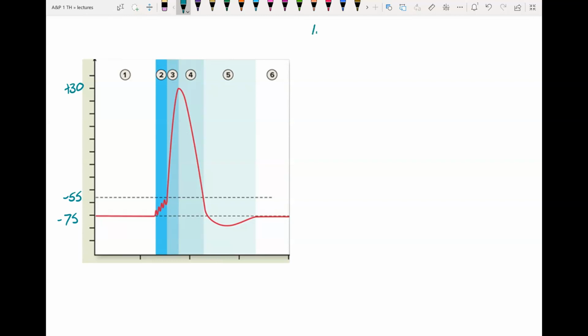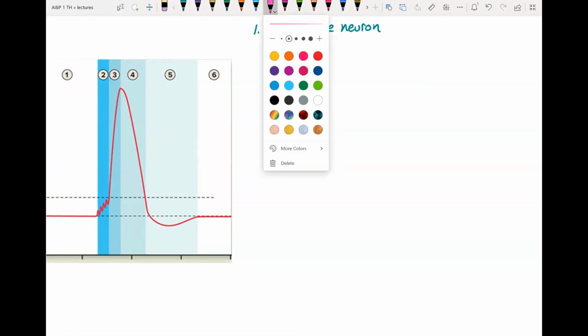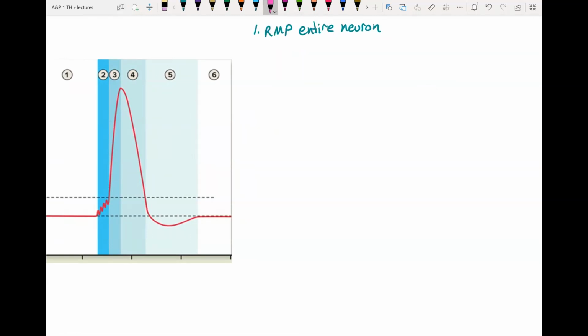You're at resting membrane potential. And at this time, we know that potassium is in and sodium is out.